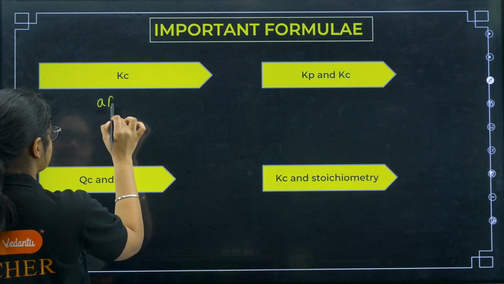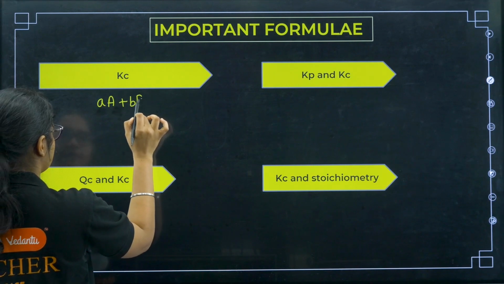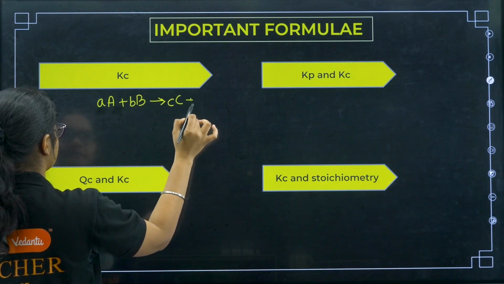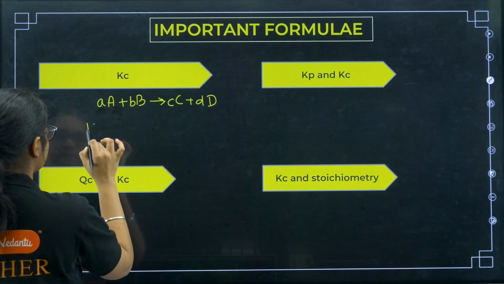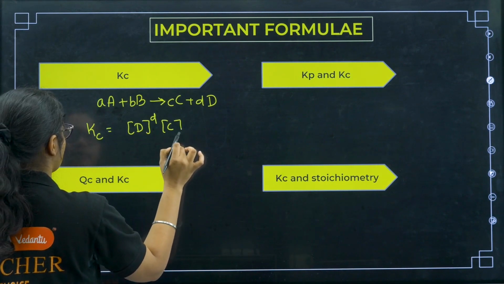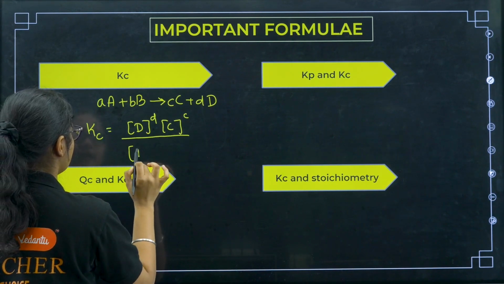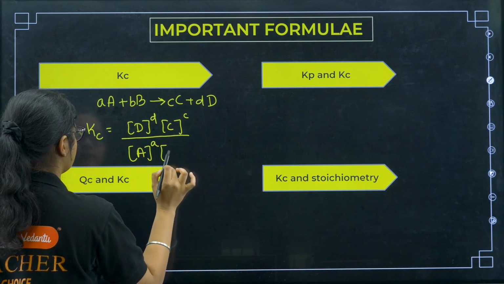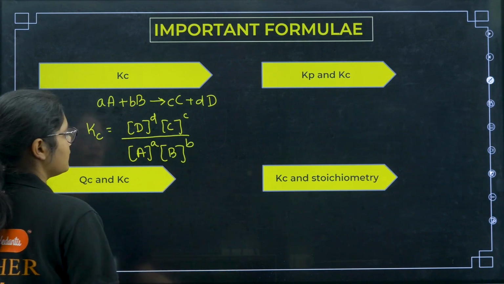Next we have the formulas for the equilibrium chapter. Suppose I have a reaction like this, aA + bB gives cC + dD, then what is the expression for Kc? It is [C]^c [D]^d over [A]^a [B]^b, okay.